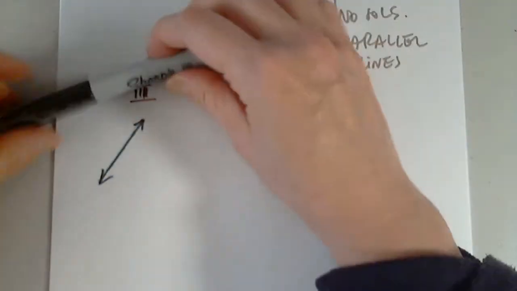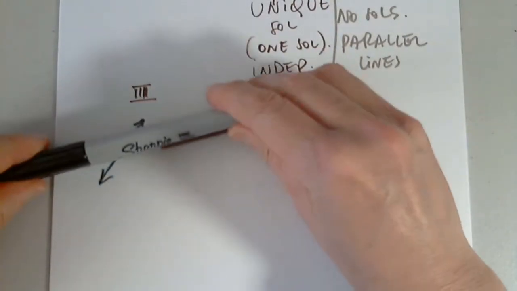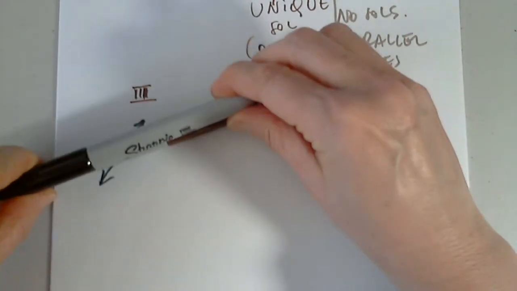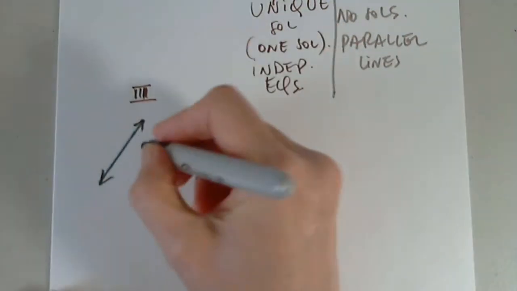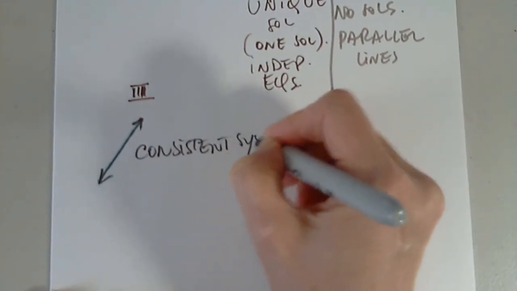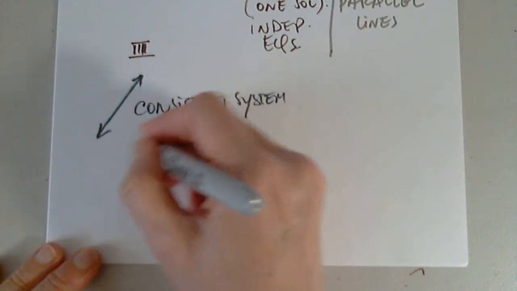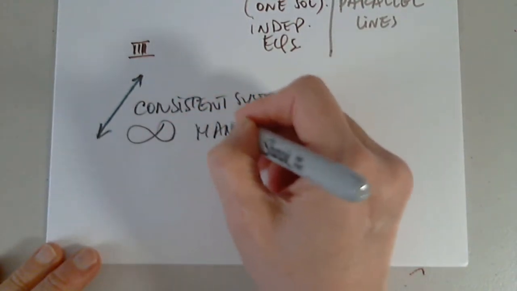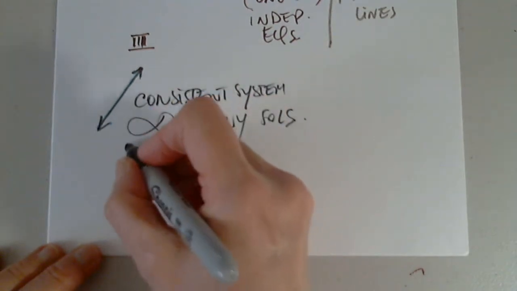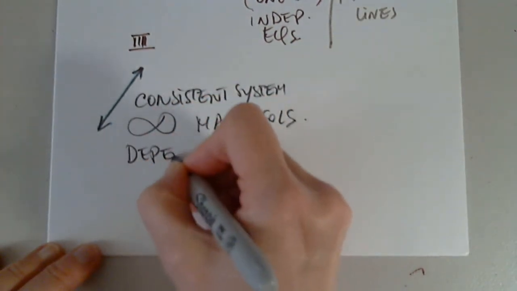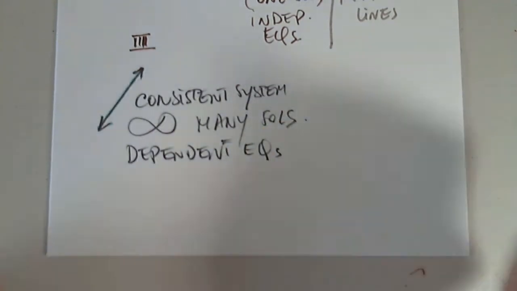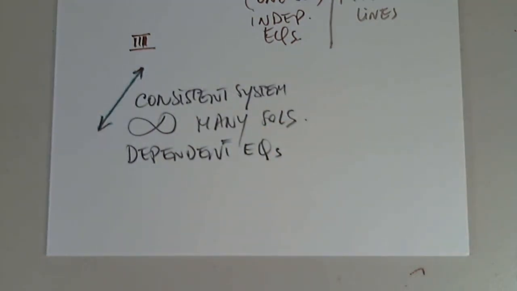In other words, these are the two equations, which means a consistent system with infinitely many solutions. And the equations are called dependent. They are the same, identical.